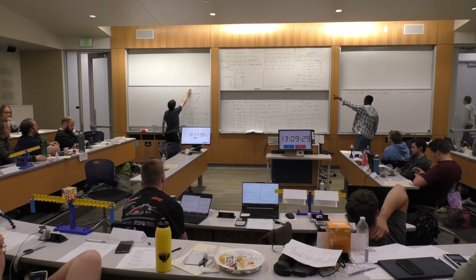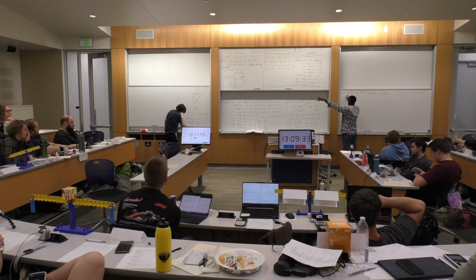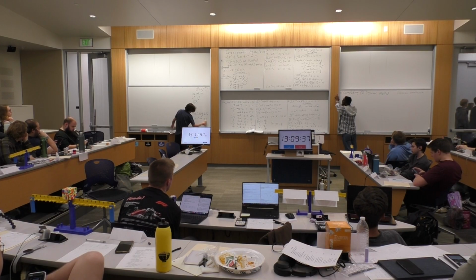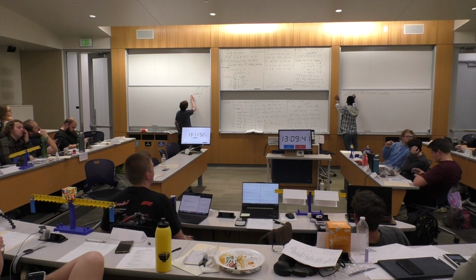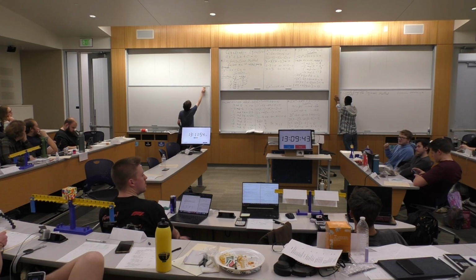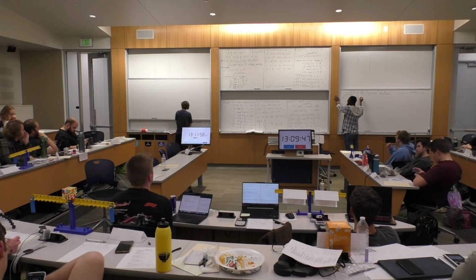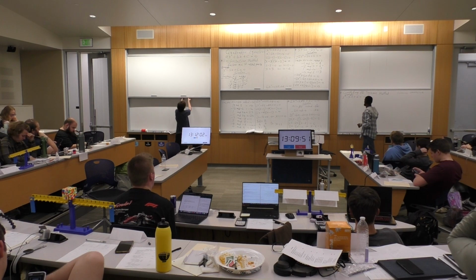So from this, let's solve some of these examples. The first one is what? x squared minus 5x plus 6 equals 0. Right?